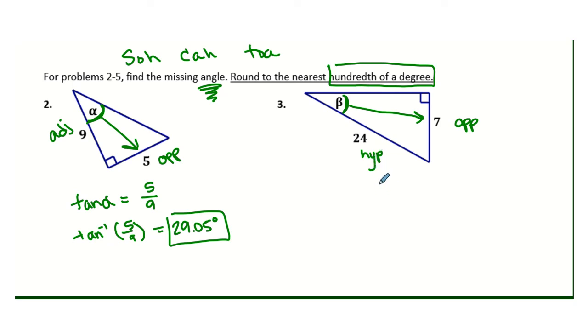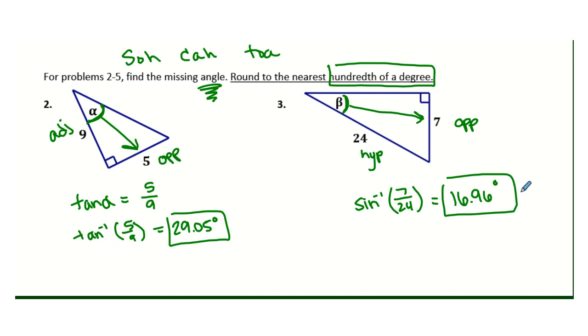So the trig ratio that uses opposite and hypotenuse is sine. So to find beta, I'm going to have to do the inverse of sine, and my ratio for sine is opposite over hypotenuse. And when you do that in your calculator, you get that beta is 16.96 degrees.